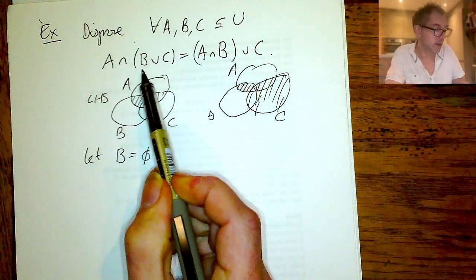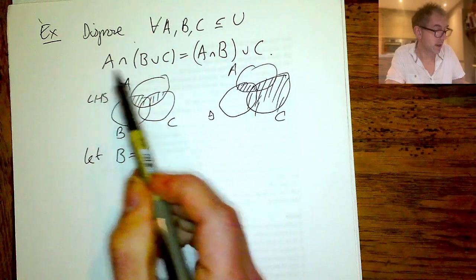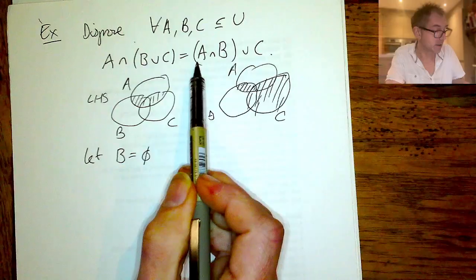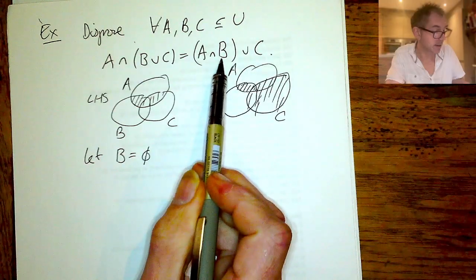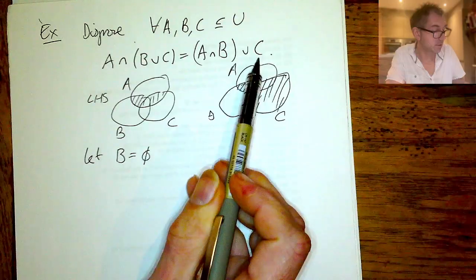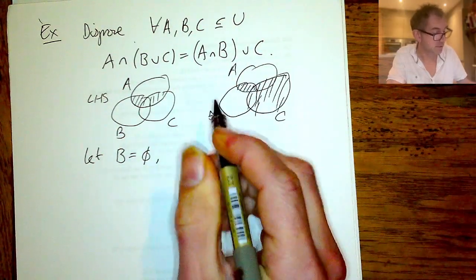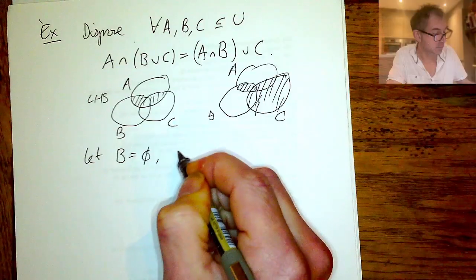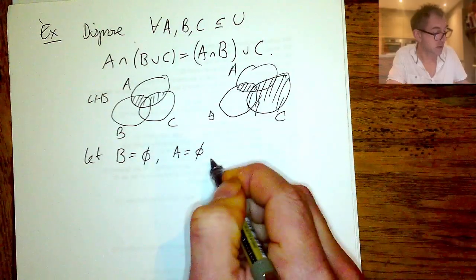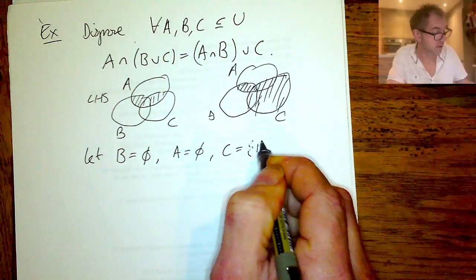And if I do that, then I just need to prove that A intersect C is not the same thing as A intersect the empty set, union C. So we'll take B to be the empty set, we'll take A to be the empty set, and then we'll take C to be a set containing 1.